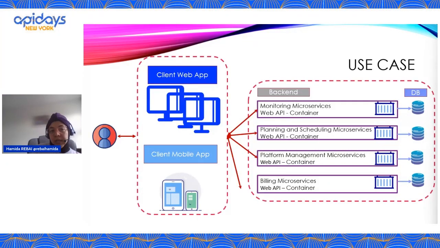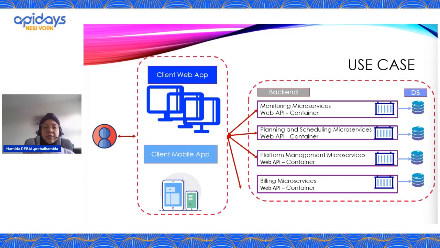Here we have a use case that we will use to show you what the problem is. In our case, you see that we don't have any API gateway. We have a client web application, a user, and a mobile application. So here we have multiple services, and we need to understand the problem related to the direct communication between the client application and the different APIs or microservices.